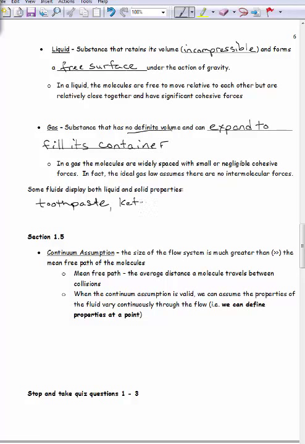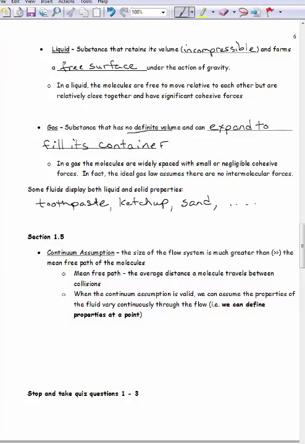Ketchup doesn't want to deform for a little while. Apply enough shear stress and then it really starts to deform. Sand is definitely a solid, but you can pour it like a liquid. And there are some other ones as well: blood, cornstarch and water, we'll see some others.